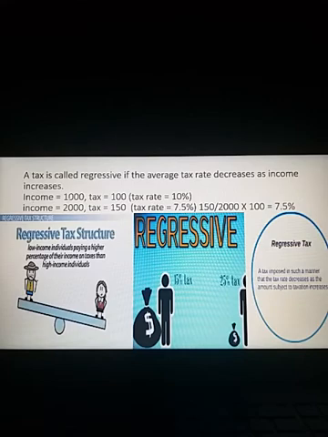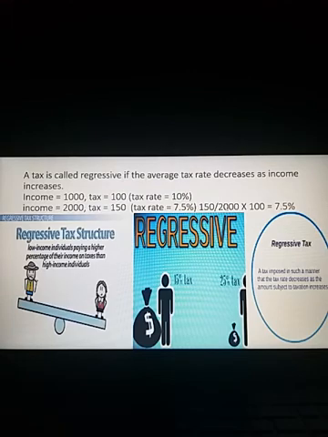Here, observe an example. Income of an individual is 1000 rupees and the rate of tax is 10%. That means he is paying the absolute amount of tax of rupees 100. Suppose the income doubles, that is instead of 1000 it becomes 2000. The rate of taxation will be 7.5%. How do you obtain that 7.5%? Observe the amount of tax he paid is 150 and his income is 2000.